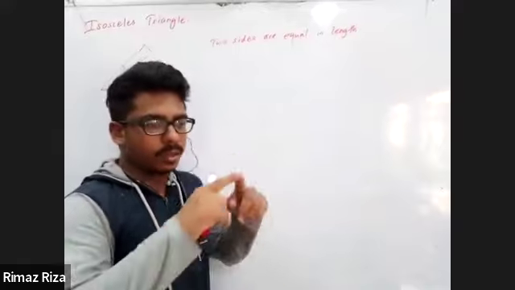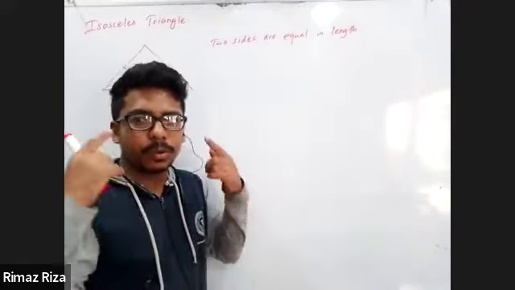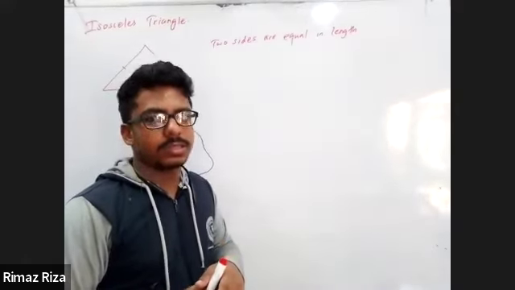So whenever you see an isosceles triangle, the first thing that should pop up in your head is that opposite angles are equal to each other.